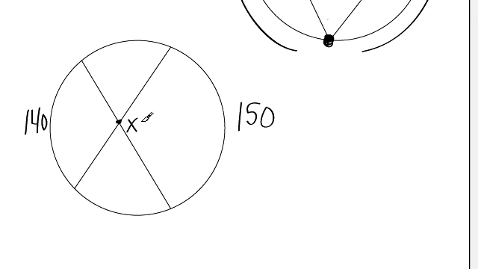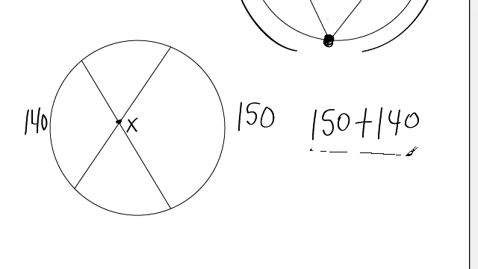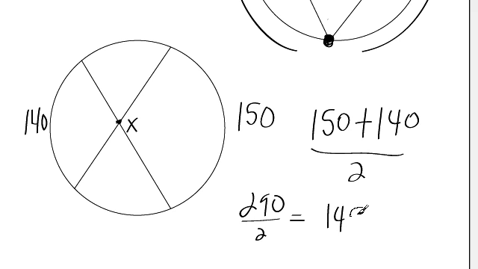And in order to find the average of two numbers, you take both numbers and you add them up. So 150 plus 140 is 290. Divided by 2 is 145. 145 being the degrees for X, the value for X.